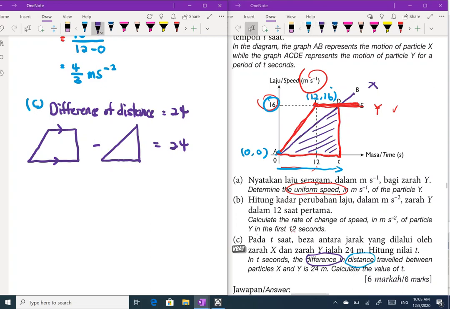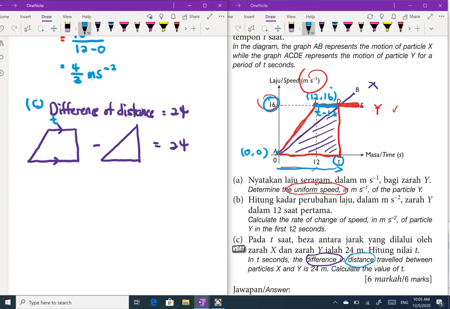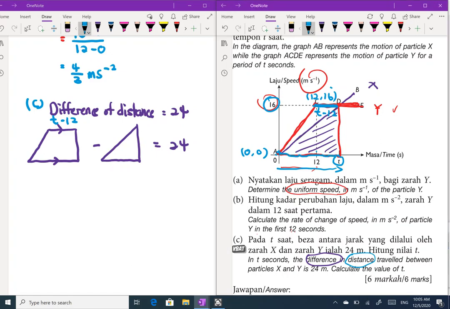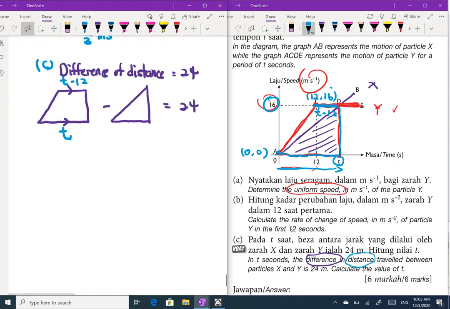Okay, now I go and determine how about this length? This one is t minus 12. The length for this one is t. The height for this one is 16.